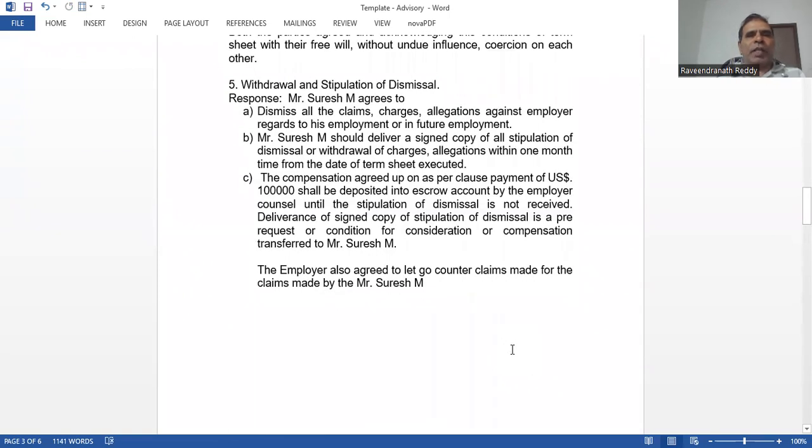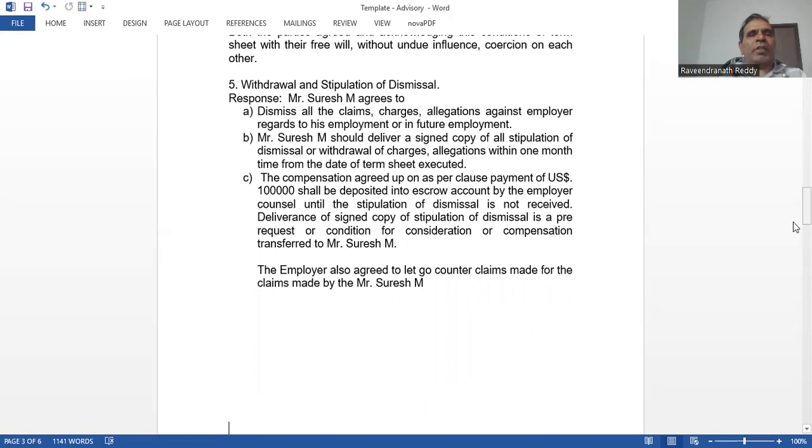Response: Mr. Suresh M. agrees to dismiss all claims, charges and allegations against the employer with regard to the employment or future employment. Whatever claims, charges and allegations he has made against the employer regarding his employment should be dismissed or withdrawn by Suresh. Mr. Suresh should deliver a signed copy of the stipulations of the dismissal or withdrawal of the charges and allegations within 1 month from the date the term sheet is executed.